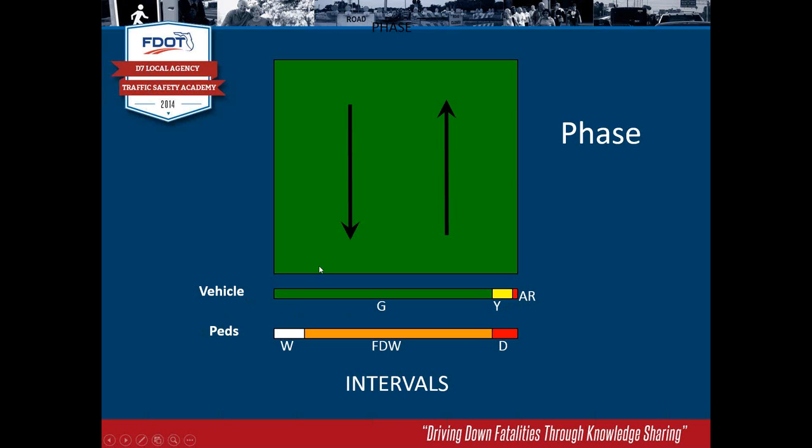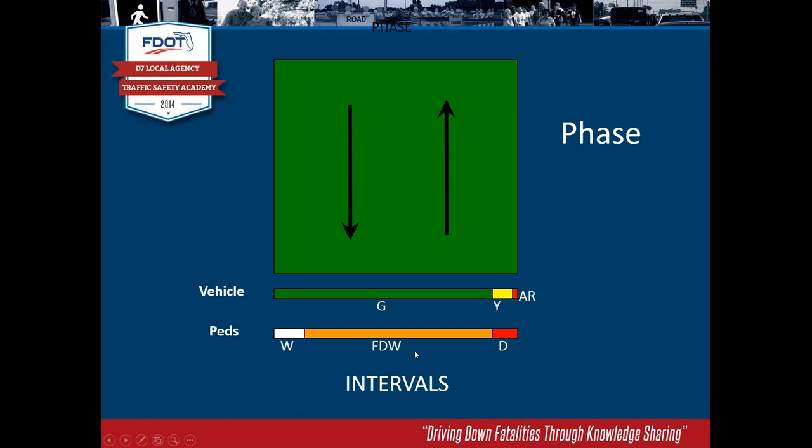For the pedestrians in this phase, if pedestrians are operational with this phase, there's a walk time, a certain period of walk time where the color is lunar white, and the lunar white pedestrian is illuminated, and then it goes to a flashing don't walk, the flashing hand that you see, which is the pedestrian clearance time.